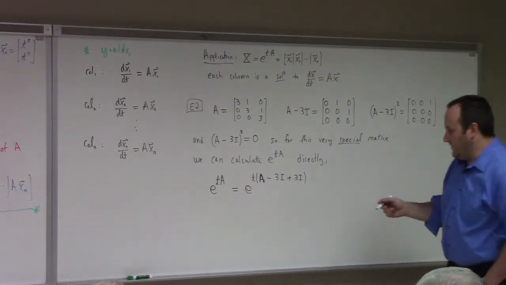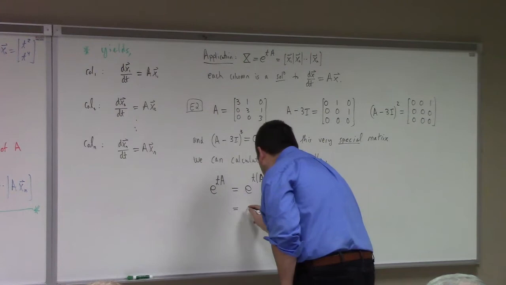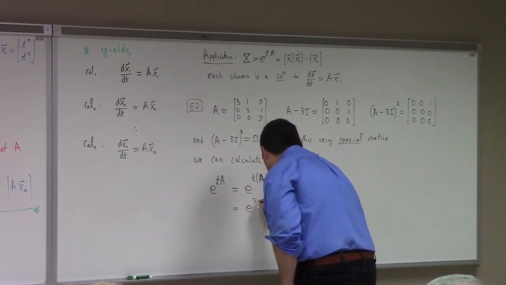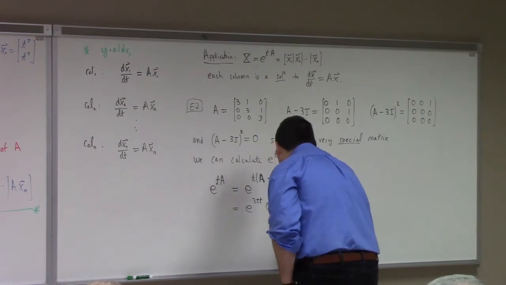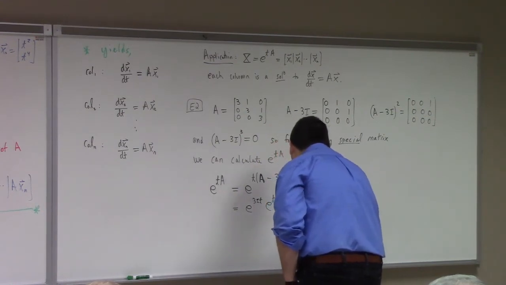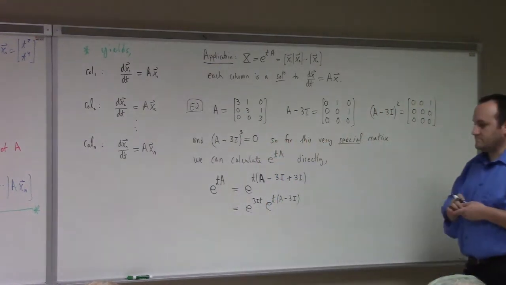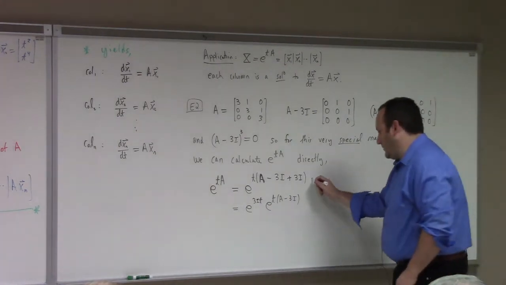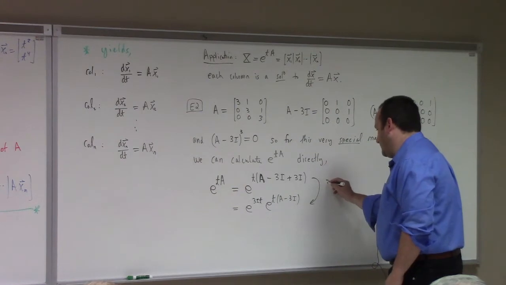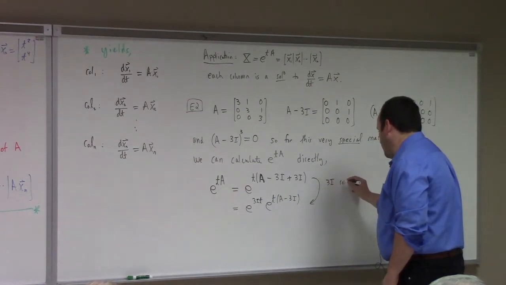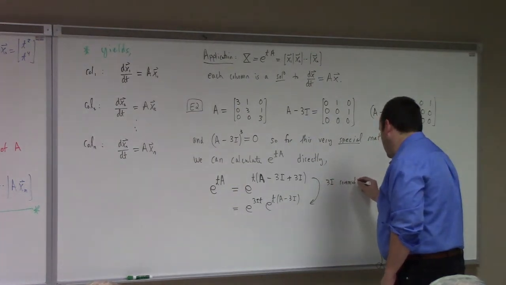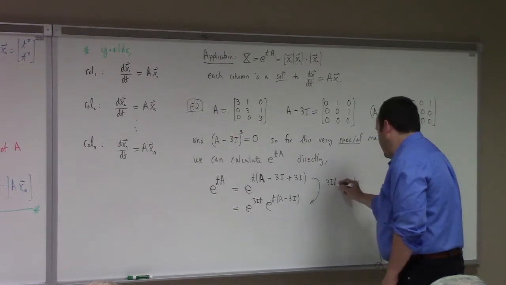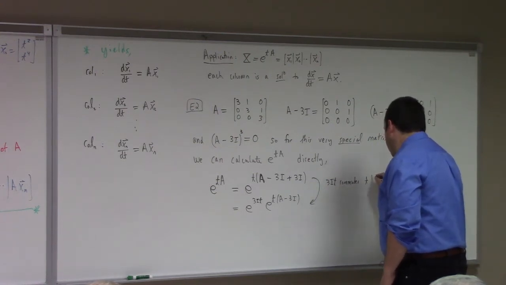But then by properties of the matrix exponential, this is e to the 3It times e to the t times A minus 3I. Because going from here to here, I'm allowed to do this because 3It commutes with t times A minus 3I.